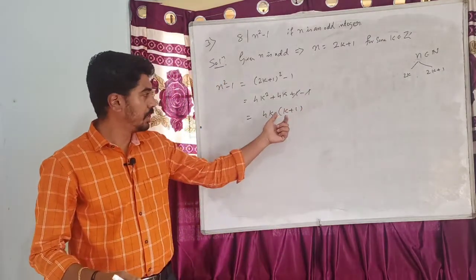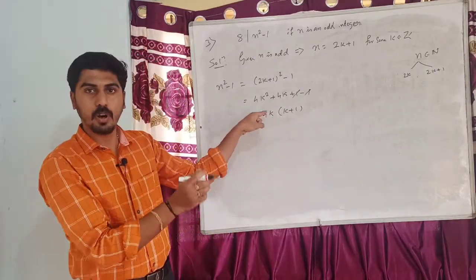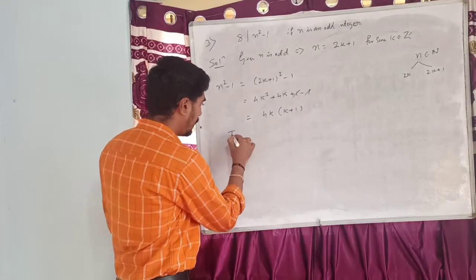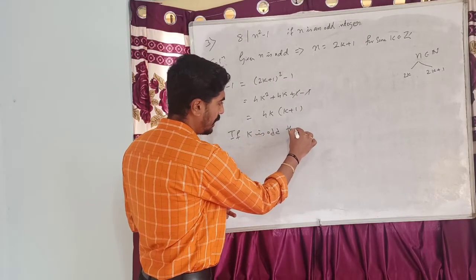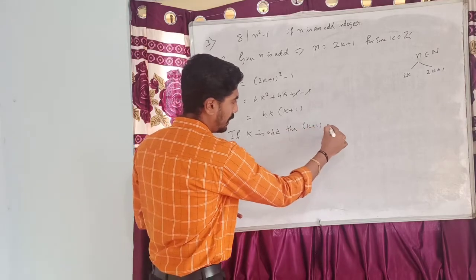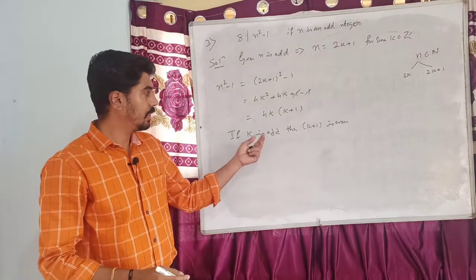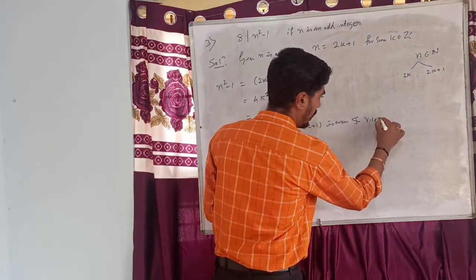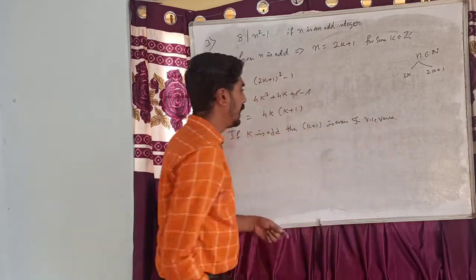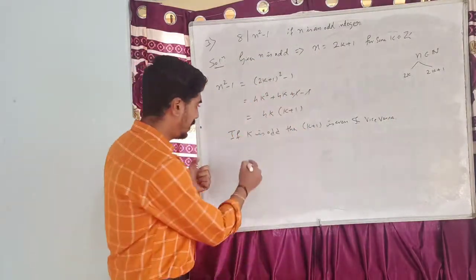If you observe this, these two are consecutive integers. Either k should be odd or even. If k is odd, then k plus 1 should be even. And if k is even, then k plus 1 should be odd, and vice versa. In any case, this product is an even number.